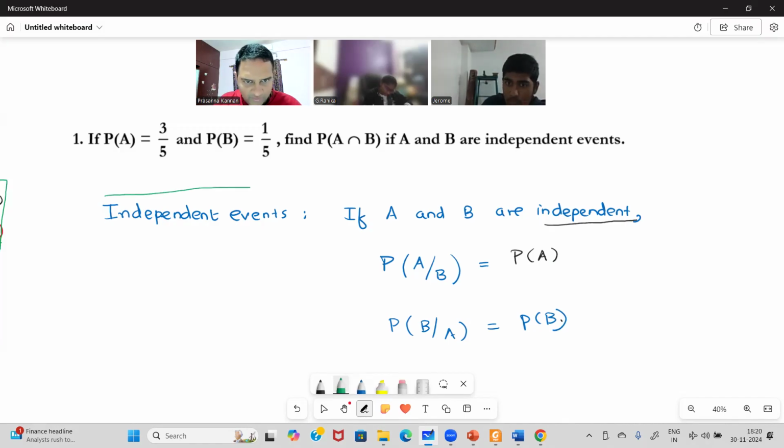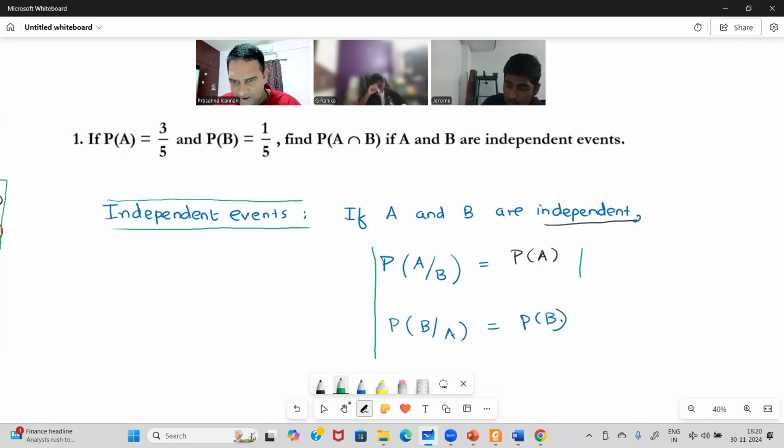So now, two events are said to be independent if P of A given B is nothing but what? P of A, sir. And P of B given A is? P of B. Correct. Now let's go back to the formula which we discussed.